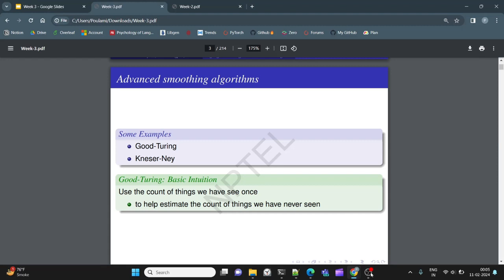So these are advanced smoothing algorithms. Previously, we had also studied Laplace smoothing and add-k smoothing.